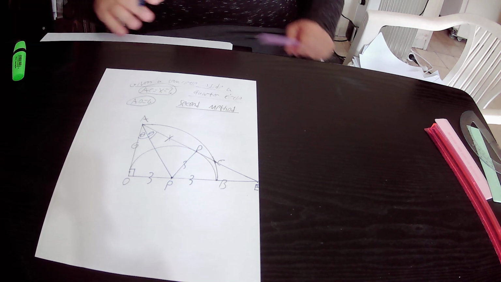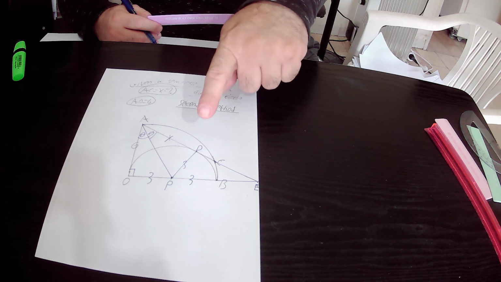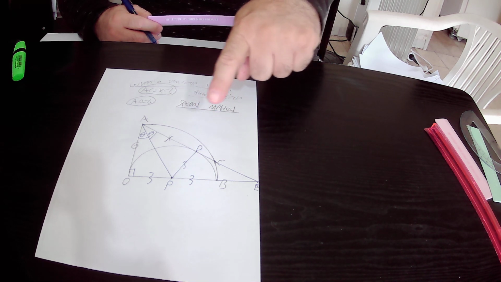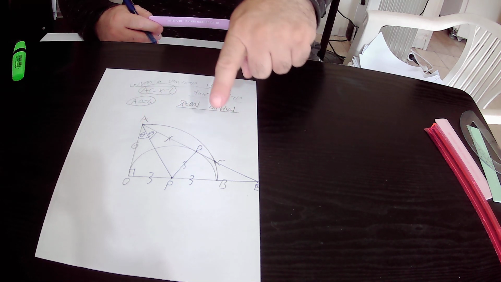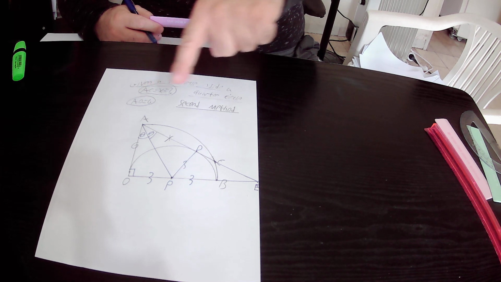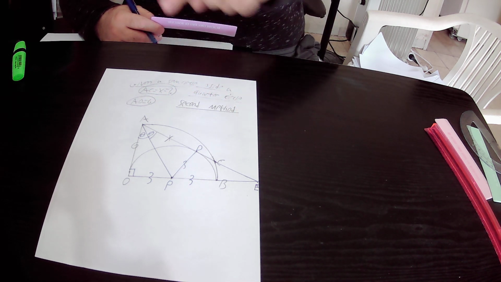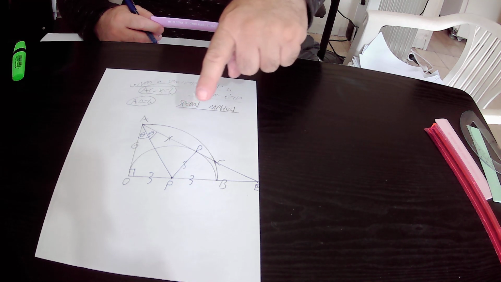I'll repeat again. Here AP is the angle bisector of angle OAE because of the fact that line segment AP divides angle OAE into two halves. Each half equals theta. For that reason, AP is the angle bisector of triangle AOE.